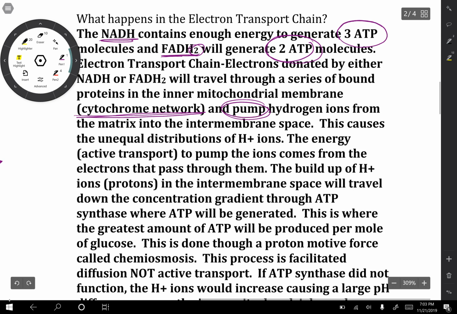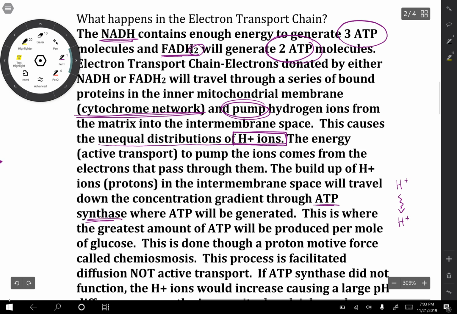And since they're pumps, that's known as active transport, which is going to cause an unequal distribution of hydrogen ions, or an unequal distribution of protons. Because of that, you're now going to have a concentration gradient, and the hydrogens can move from a high concentration to a low concentration through ATP synthase.